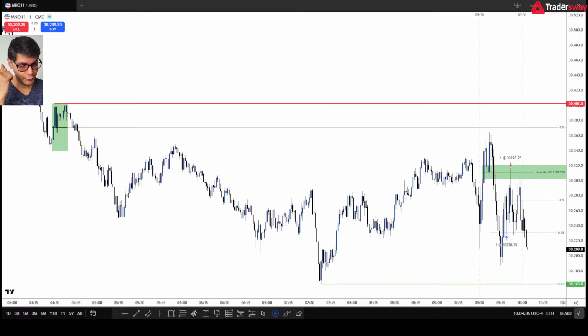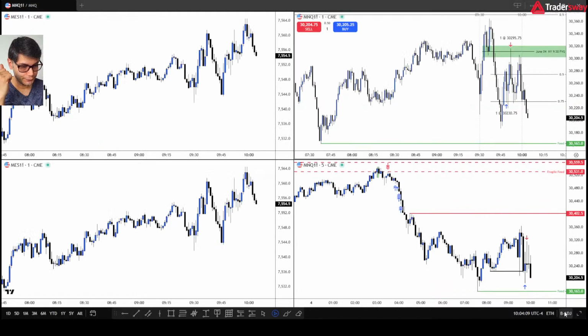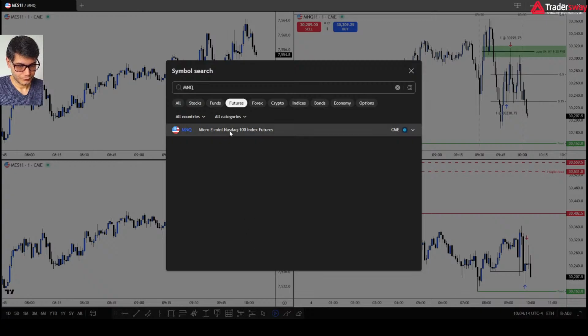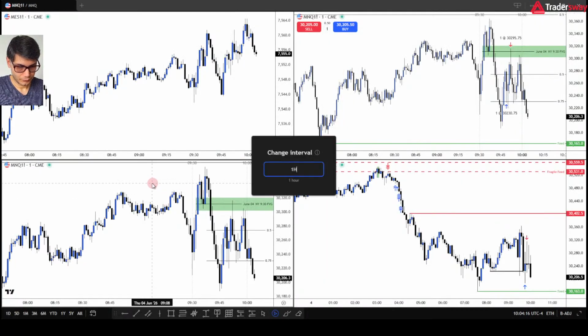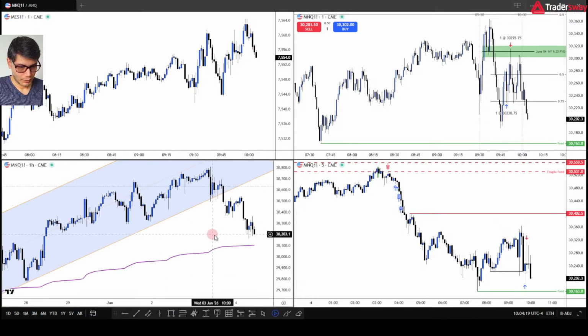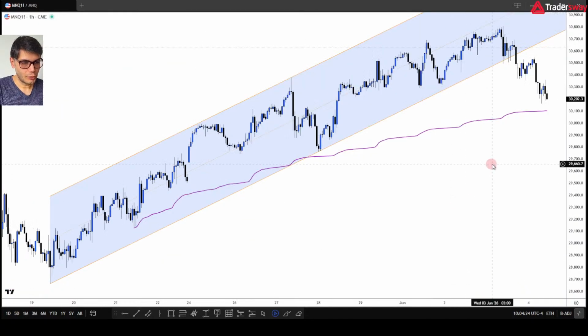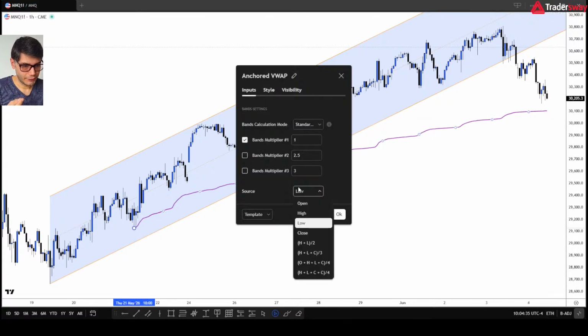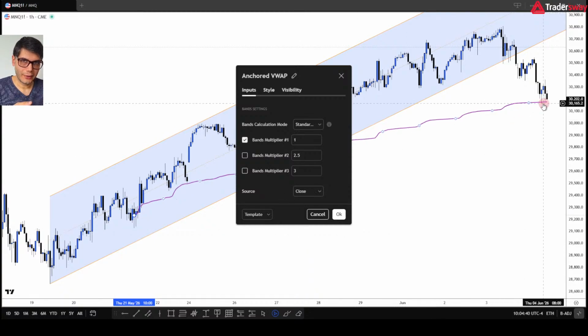Now, where is this low located? Going to the 1 hour chart. This low is so close to the average volume area, that's VWAP. It is nearing 30,100, that's also a round number. If I set this source to close, it's right there.